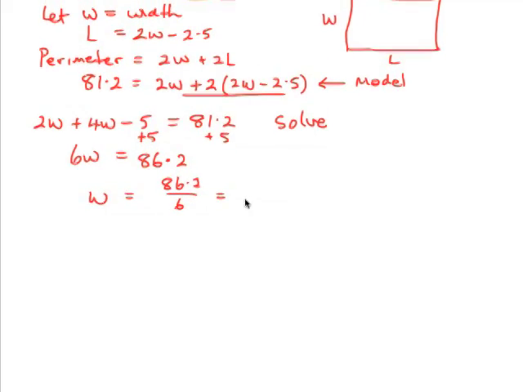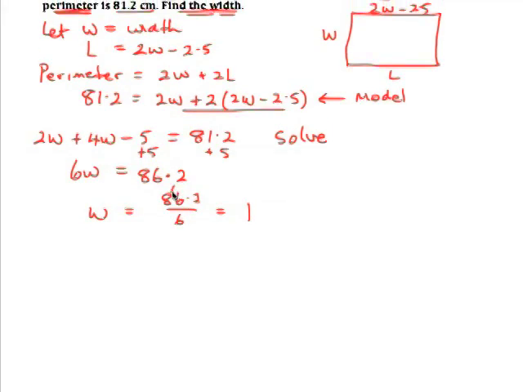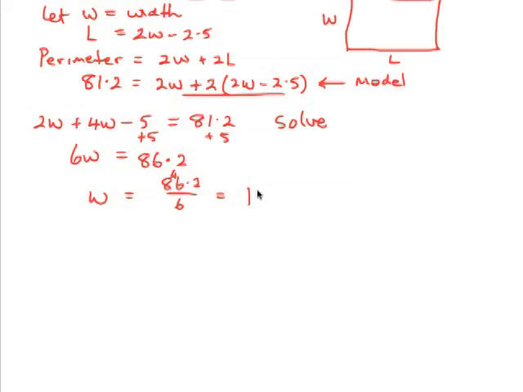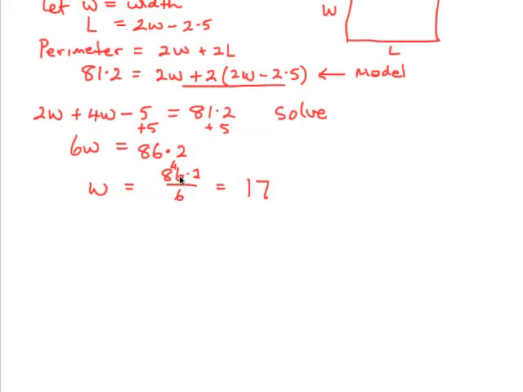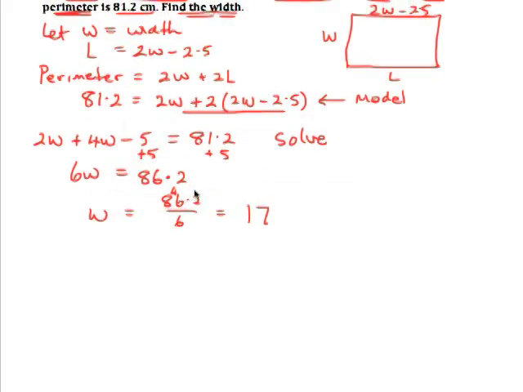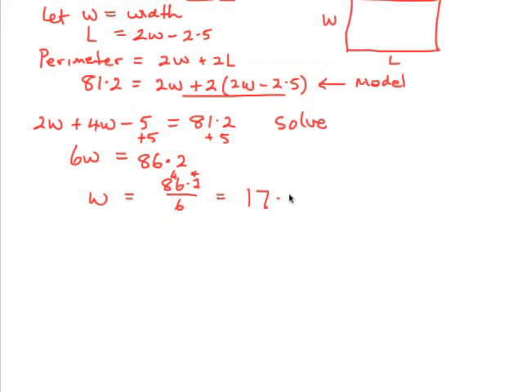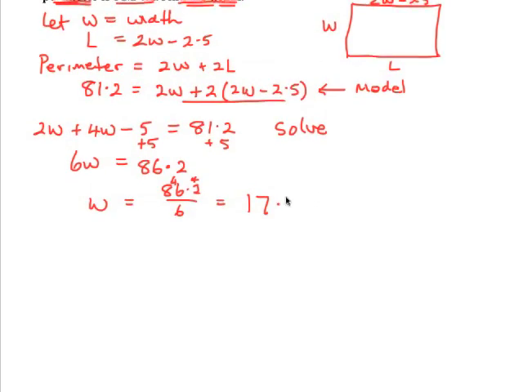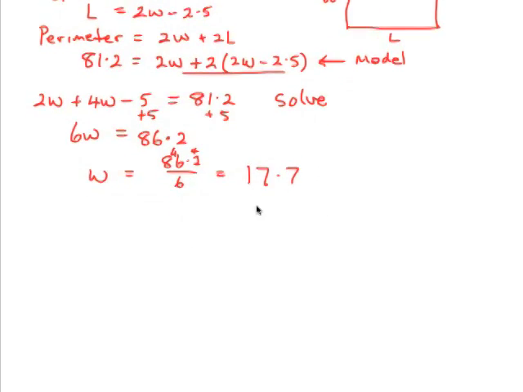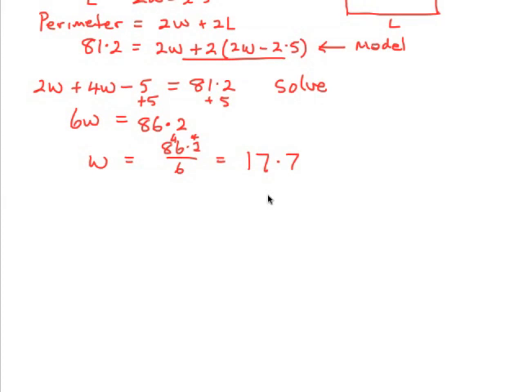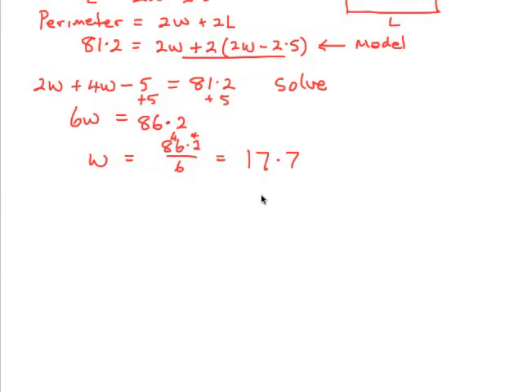Let's see if we can do that. 6 into 46 goes 7, and how many left over? 7 times 6 is 42, so 4. And of course 6 into 42 goes 7 again. So here's our number, 17.7.